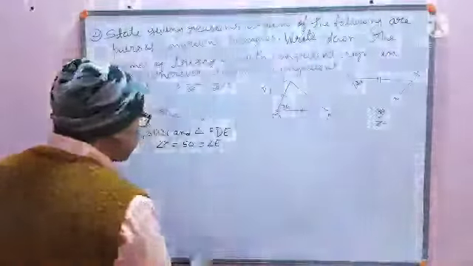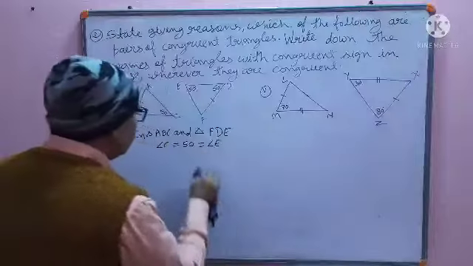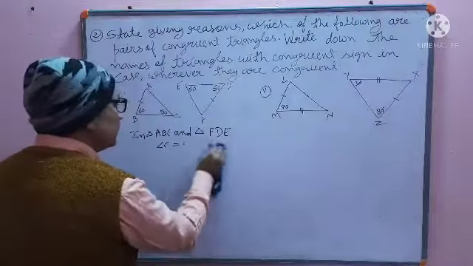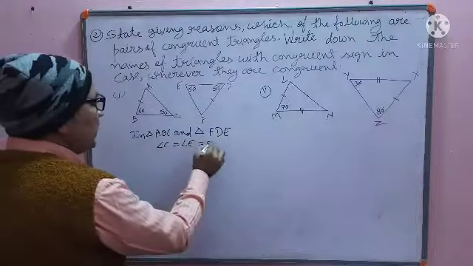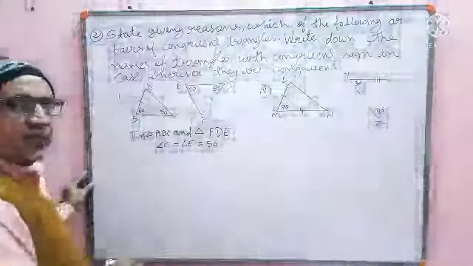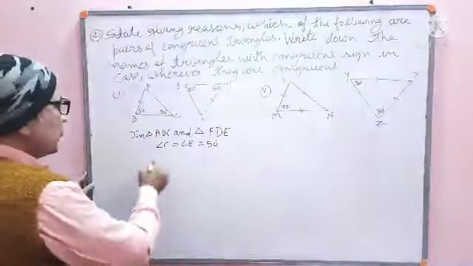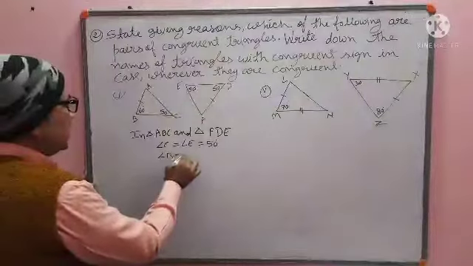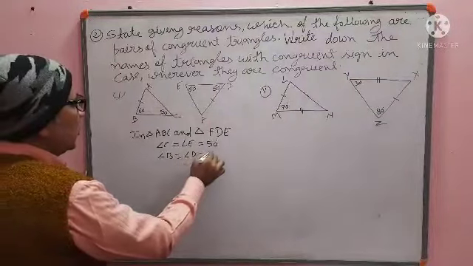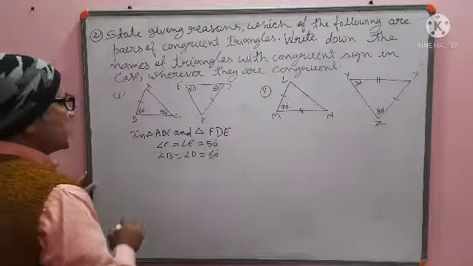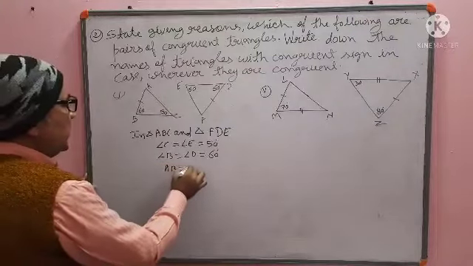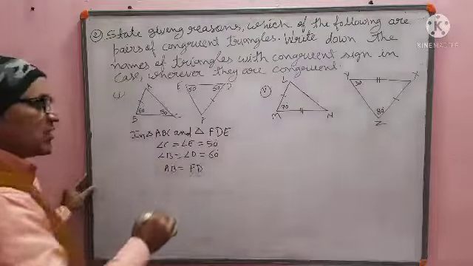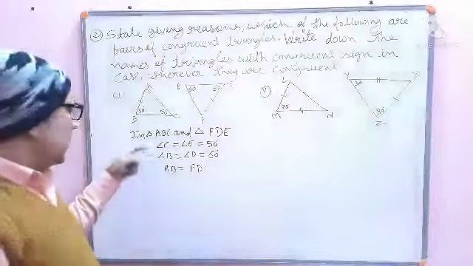You can write in this way also: angle C is equal to angle E, both are equal to 50 degree. First angle is equal. Here angle B and angle D both are equal to 60 degree. Then here AB and here FD, both the sides are equal.